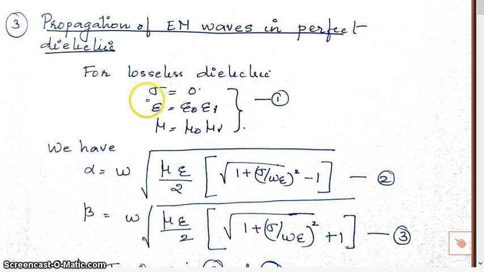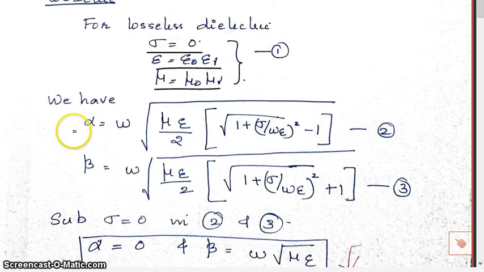The condition is sigma is equal to 0, epsilon is equal to epsilon 0 epsilon r, and mu is equal to mu 0 mu r. And we have the formula for alpha and beta as given in equation 2 and equation 3, which we derived earlier.